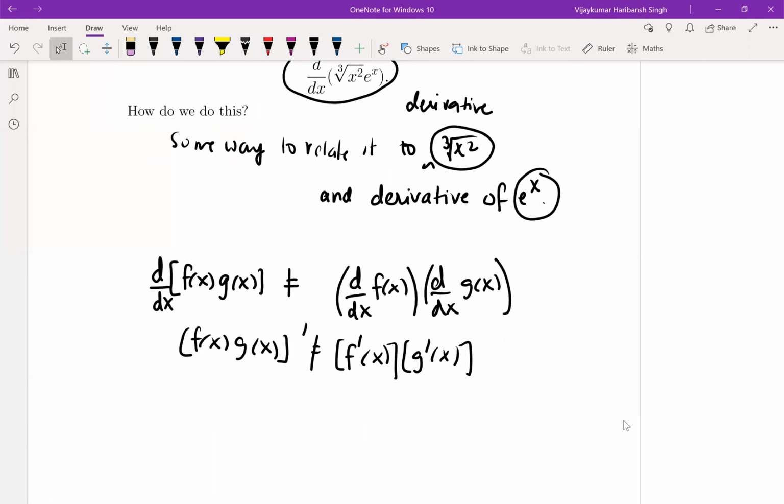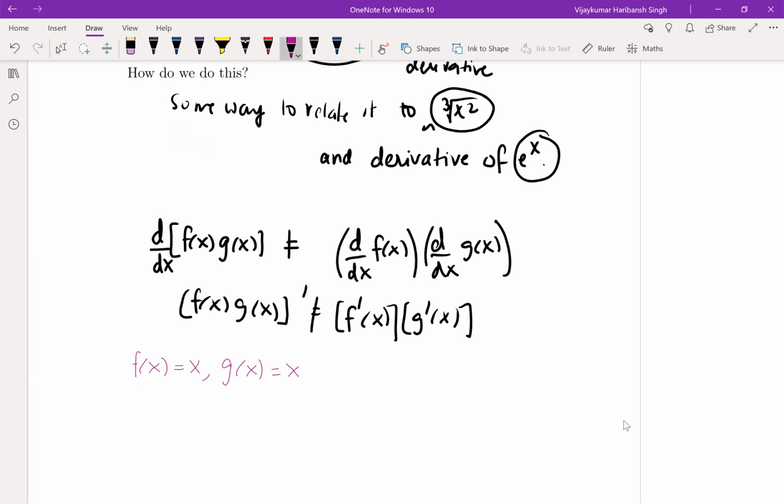Let's see an example for this. Take f(x) equals x, g(x) also x. In that case, f(x) times g(x) is going to be what? x times x, which is x squared, right? So if we take the derivative of that, that is going to be 2x, right?